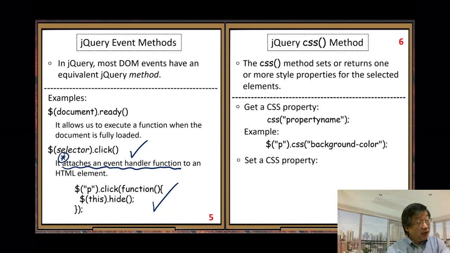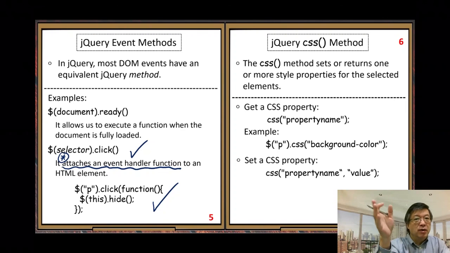All right, it's the set case. Set a CSS property. When we want to set a special value for a CSS property, we still use this method, but we add a second parameter. First parameter, the property name.